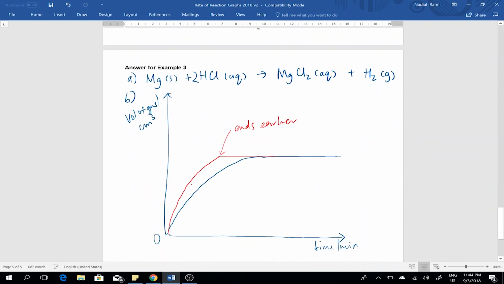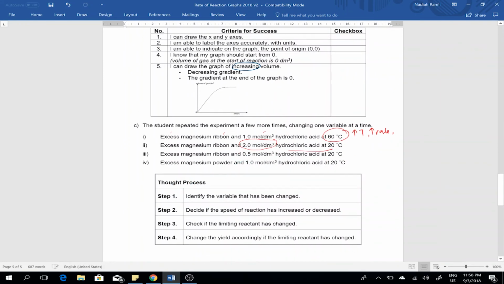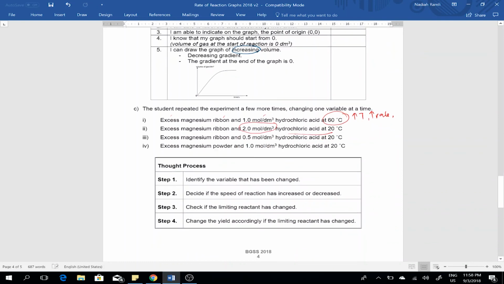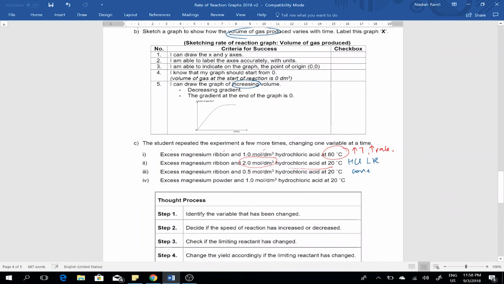So now let's look at part 2. Excess magnesium with 2.0 mole per liter of hydrochloric acid. So now we know that your hydrochloric acid is actually the limiting reactant. Because it's the limiting reactant and the concentration increases by 2 times, the product will also increase by 2 times.